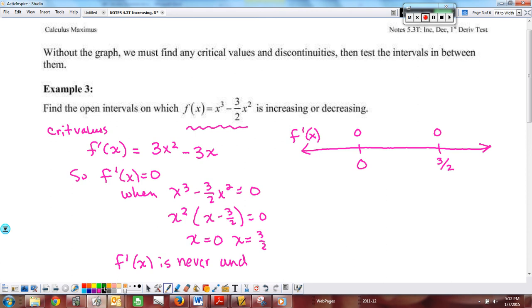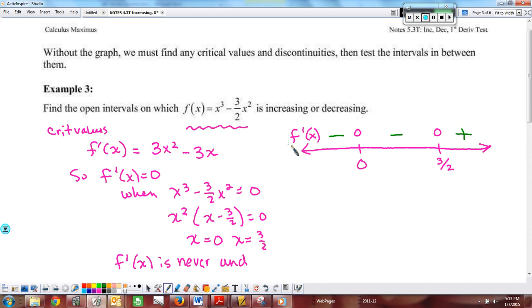Then I'm simply going to test the derivative and determine its sign, positive or negative. Usually you do that, I can look at this and say, hey, that's a cubic. The end behavior of a cubic with a positive lead coefficient is down and up on the ends. And if we test the value in between, like 1, you're going to get a positive times a negative, which is negative.